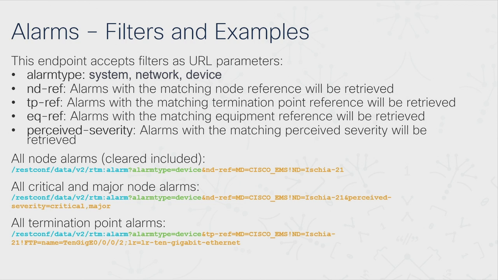If you want to filter just device alarms, you need to apply this filter reported in green, alarm type device, and then you can add the typical filters like the node name or an FDN or a termination point with the layer rate, or simply the severity without any other filter, to retrieve just the active alarms. Again, remember that by default you also get the cleared alarms.